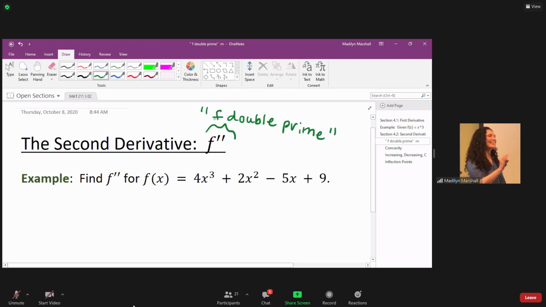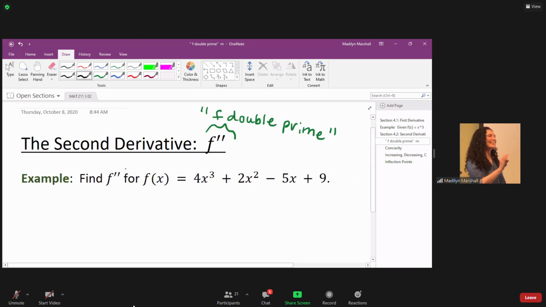So the second derivative is just the derivative of the derivative. So we just take the derivative twice. So we don't need any new derivative rules at all. Everything we know about derivatives still applies here. We're just doing it 2 times.